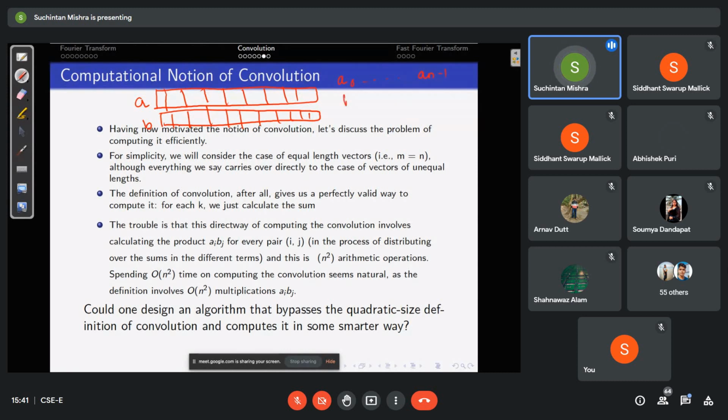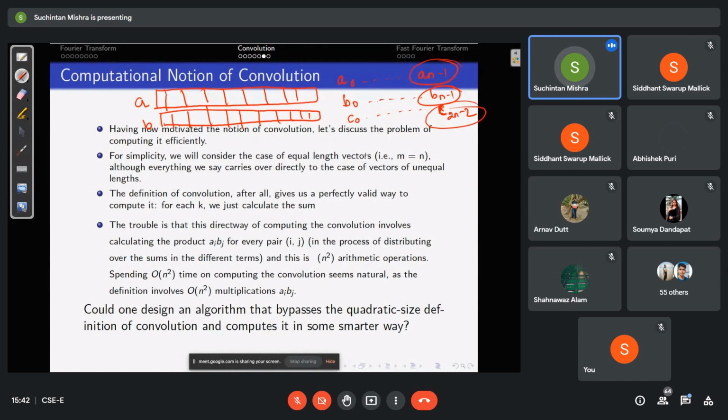We have an array which starts from B0 until Bn minus 1. We have to multiply these two, so we will get an array which will start from C0 until C2n minus 2. Why? This is the maximum degree of the solution that will be formed.